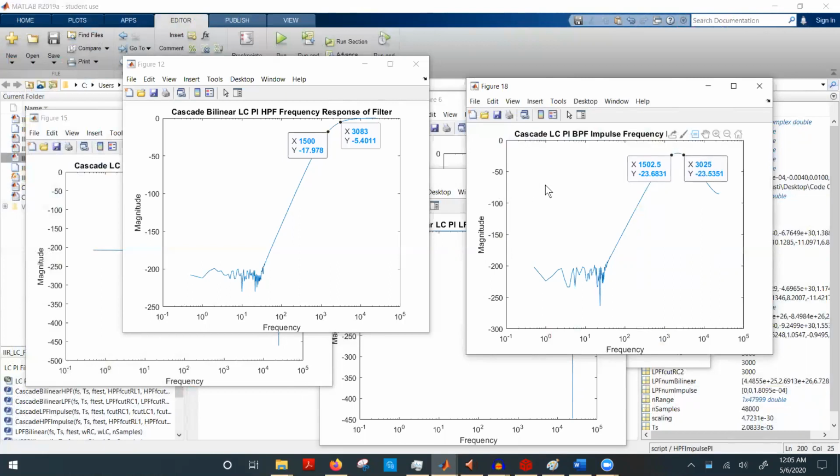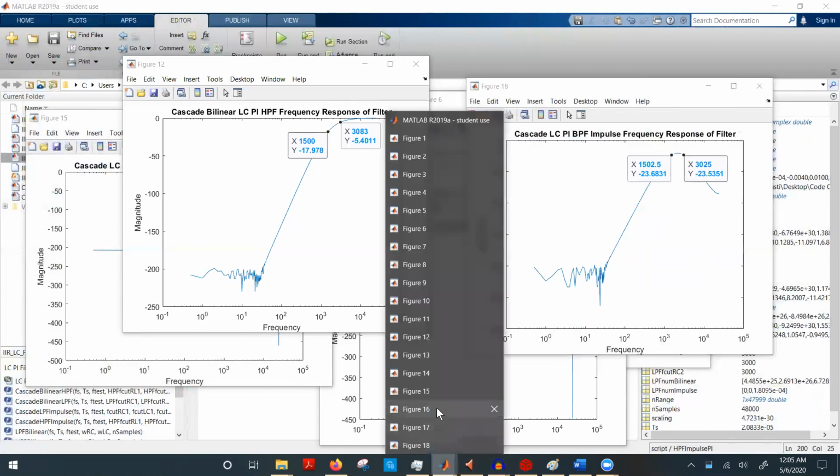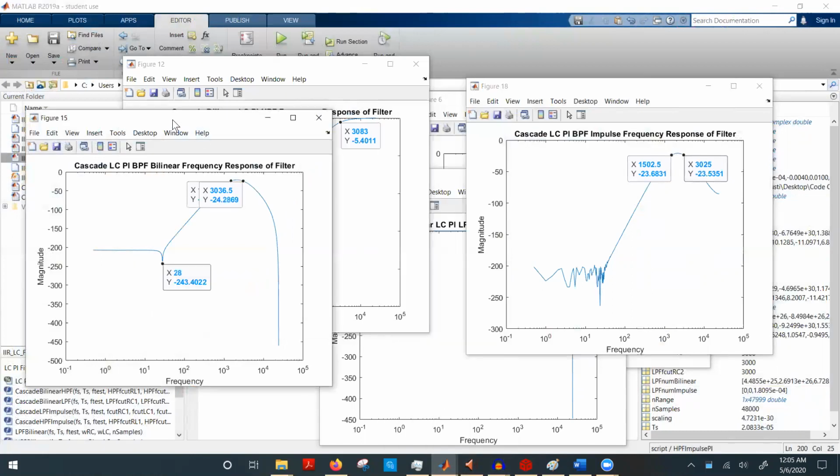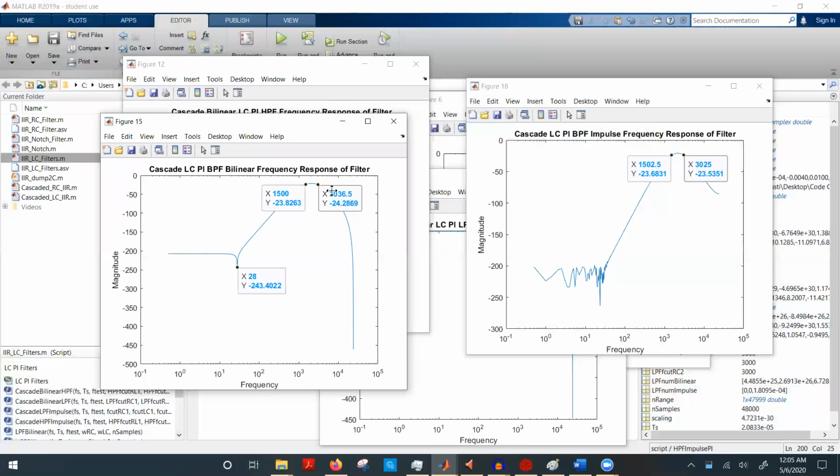Notice how, again, if we compare with the bilinear transform, the gains are about negative 23 instead of negative 18 because we have that minus 5 dB extra attenuation from the other filter, because they haven't reached well within their passband.